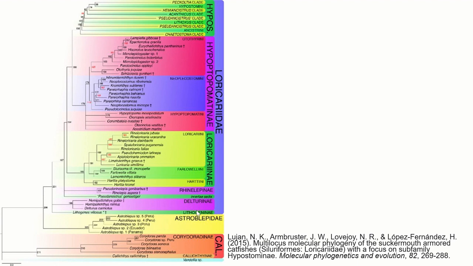Here we don't see them in the aquarium trade. Very unusual. Hemipsilichthys, don't see them. Pseudancistrus. This shows how weirdly named Pseudancistrus is because it's all across the phylogeny. You'll see it everywhere. It's very badly named, but it's a very weird fish.